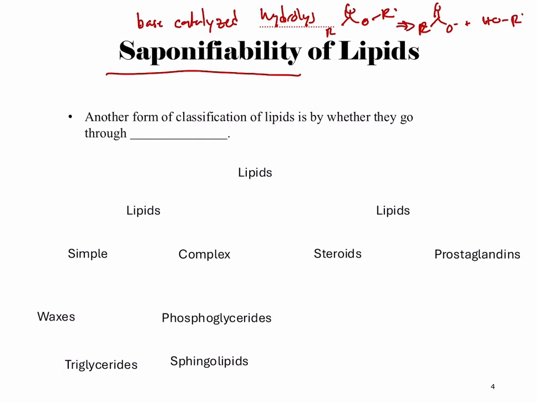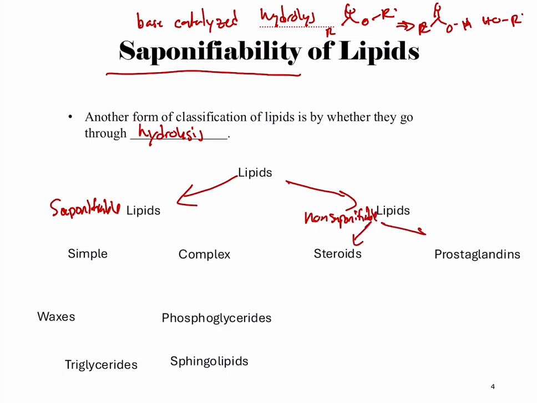So this is the hydrolysis, and we need a water molecule to make up the OH and the two hydrogens that we pick up there. And so this is classified by whether or not they go through hydrolysis. We have saponifiable lipids, which follow the same trend as the solubility trends, and non-saponifiable lipids, which include the prostaglandins and the steroids.